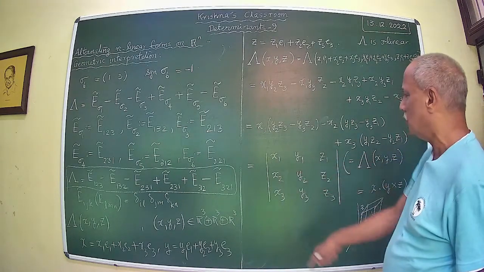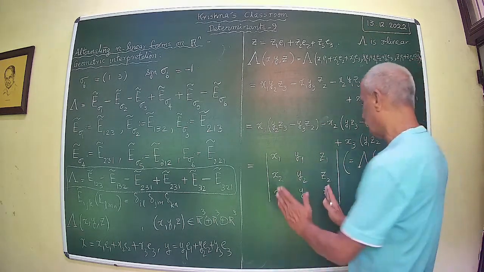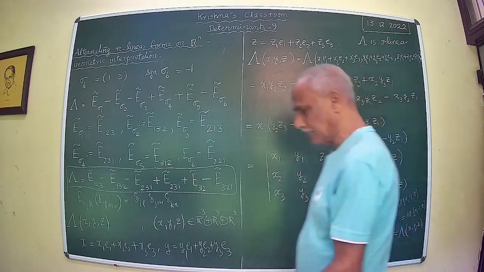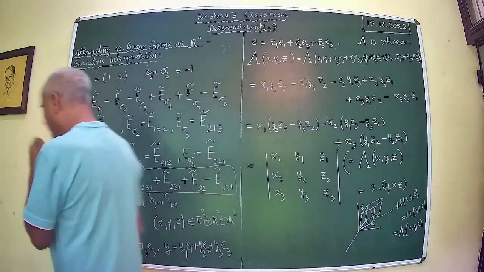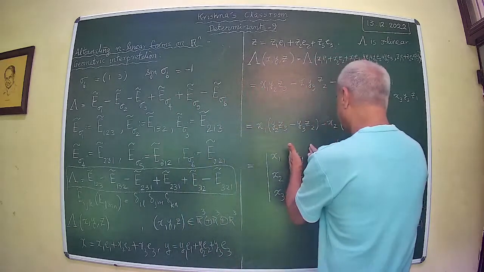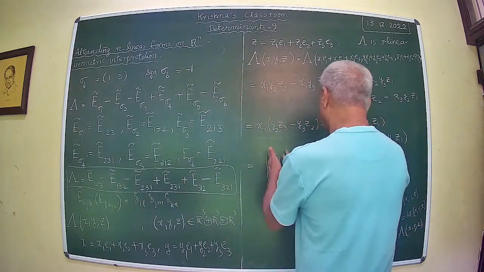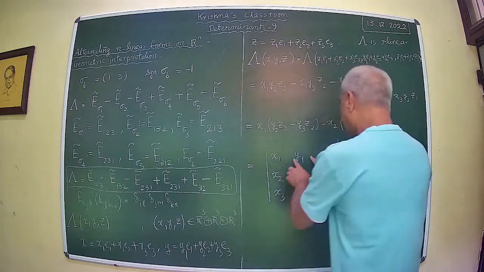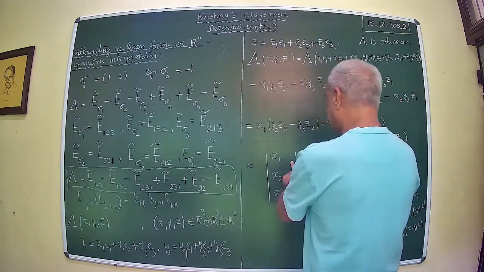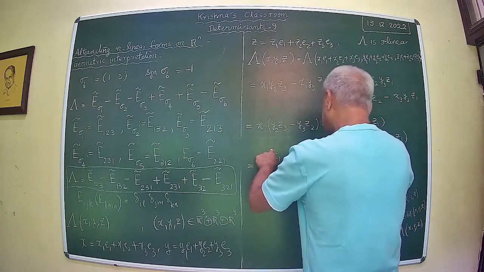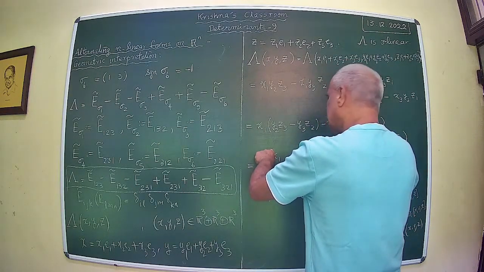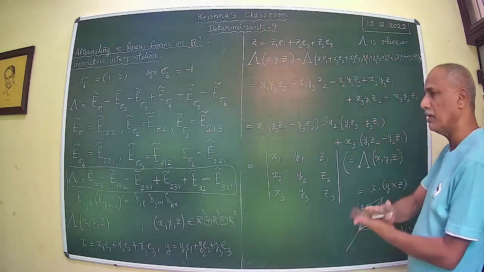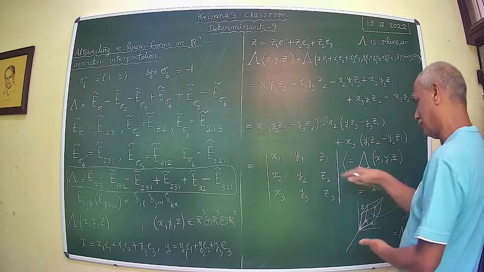Now, when do you get 0? Suppose one column is a linear combination of the other two. It means, suppose y1, y2, y3 is a linear combination of x1, x2, x3 and z1, z2, z3. Then the vector y lies in the plane determined by x and z. In that case, the parallelepiped will collapse to a parallelogram.